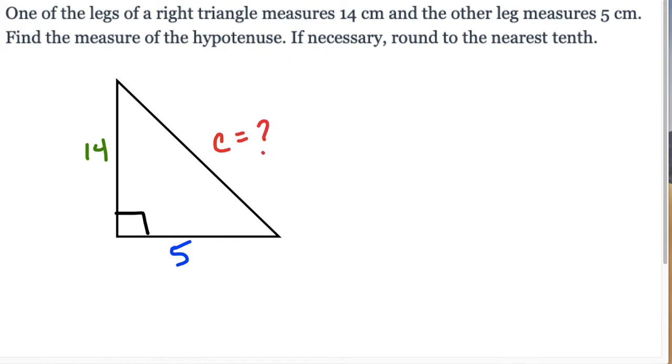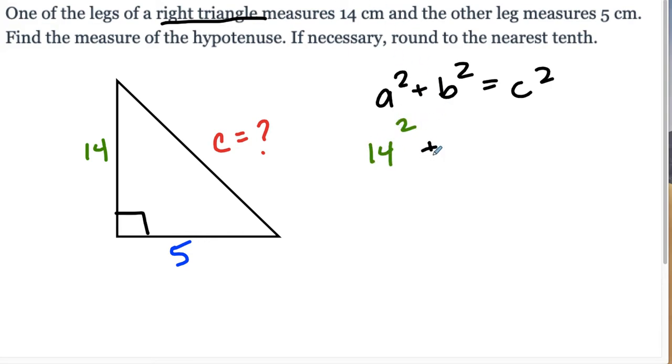We don't know that. Again, it's a right triangle, and they gave you two sides, so you can use a squared plus b squared equals c squared. So a here is 14, so this is 14 squared, plus b here is 5, so this is 5 squared, equals c squared, which we don't know.